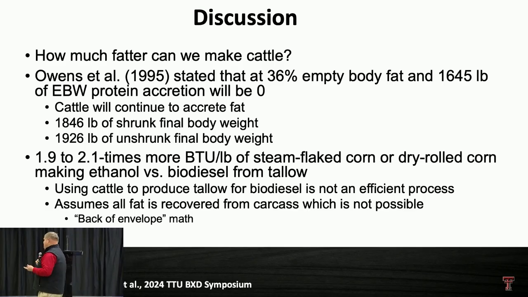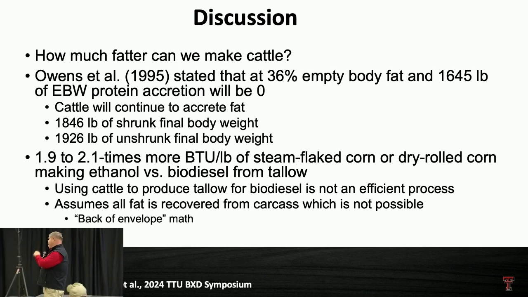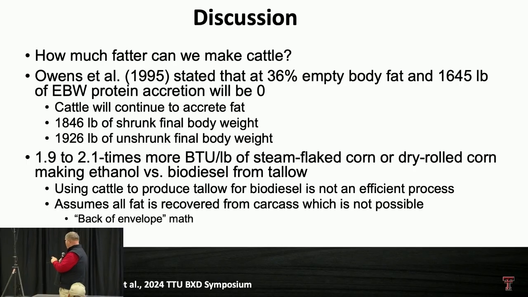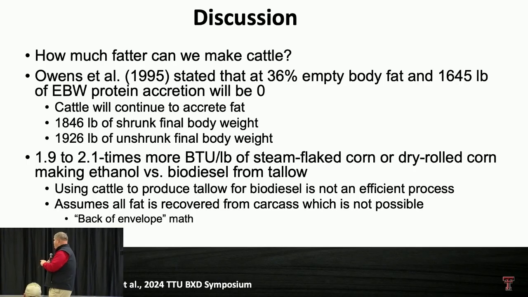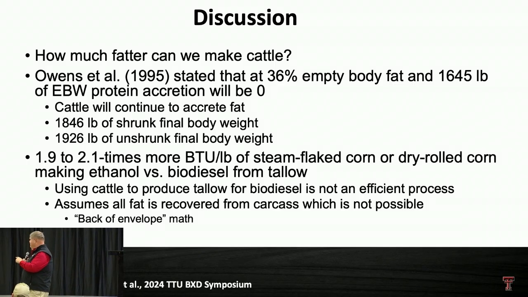So a lot of things here. Here's something else to think about. Cactus Feeders in particular asked her to calculate this. It is 1.9 to 2.1 times more BTUs per pound of steam-flaked corn or dry-rolled corn making ethanol versus biodiesel from tallow.